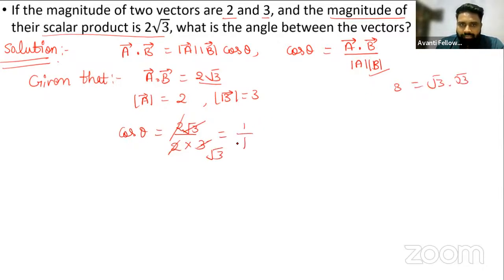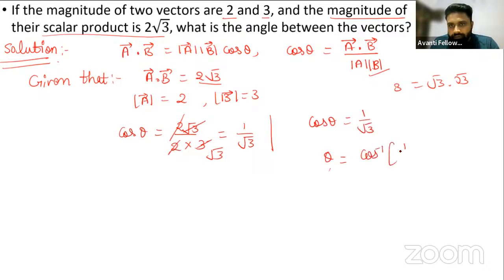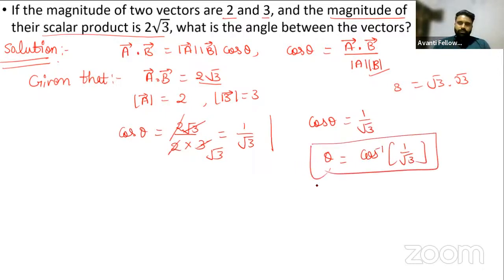So cos theta here is 1 by root 3. So you got this. No problem. It's a silly mistake kind of thing that can happen. Try to avoid it. Now cos theta is 1 by root 3, which means theta here is cos inverse of 1 upon root 3. Got it? So this is the answer.